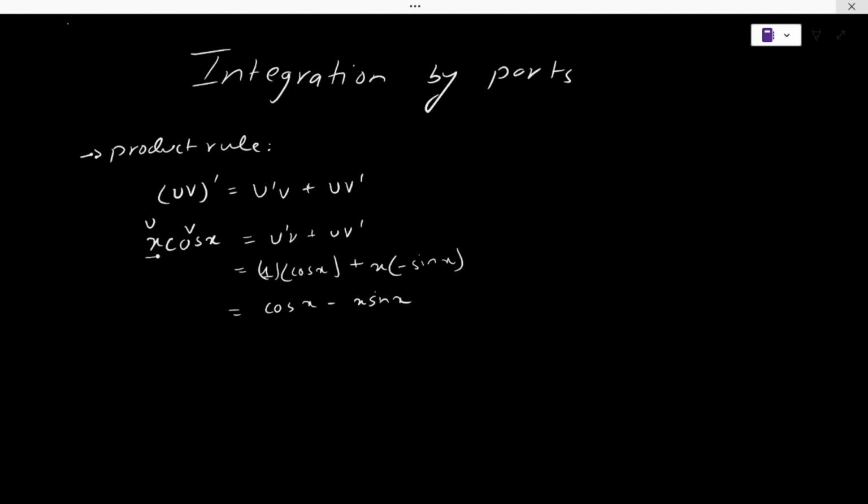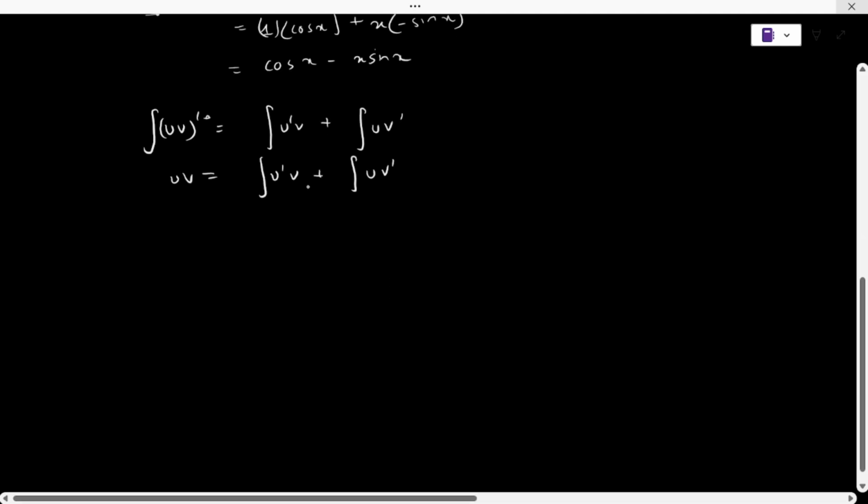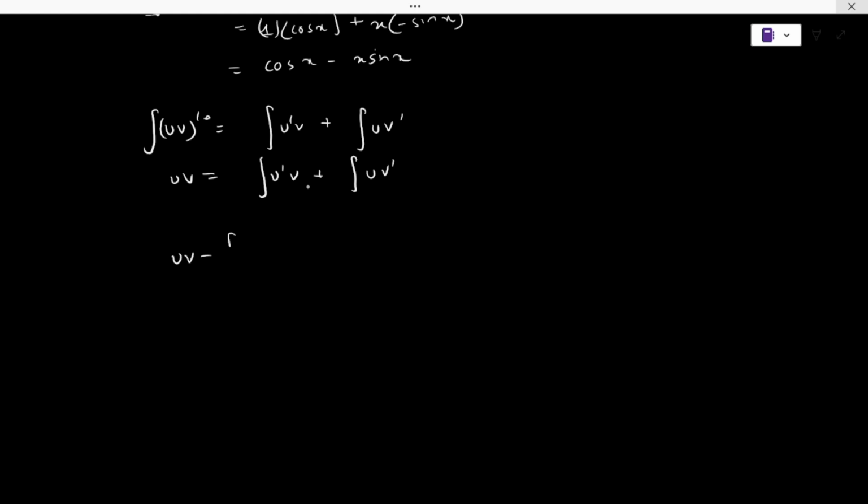If we try to integrate our product rule, we get something like this, which we can put like this.